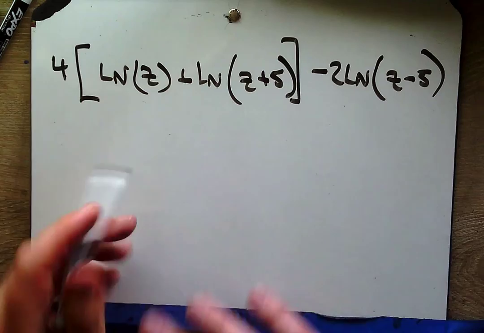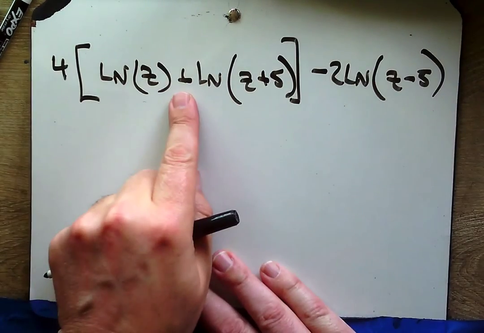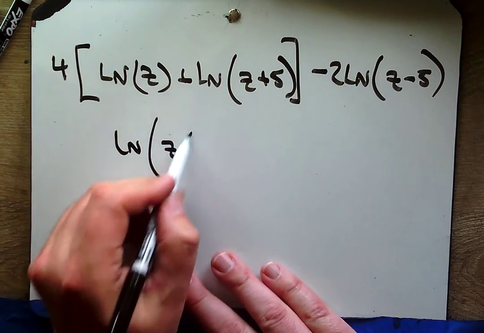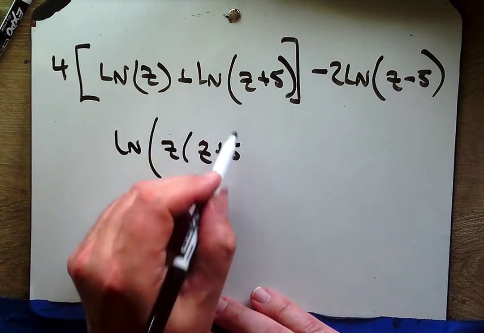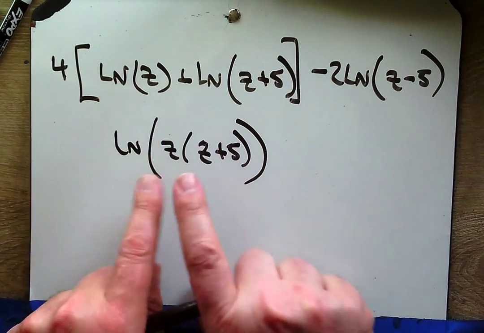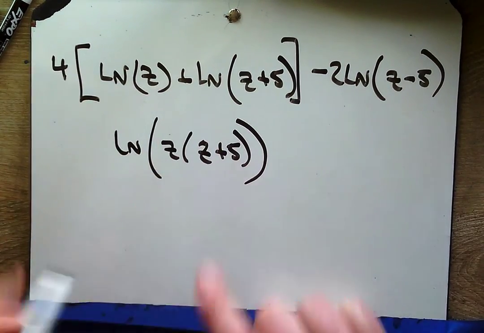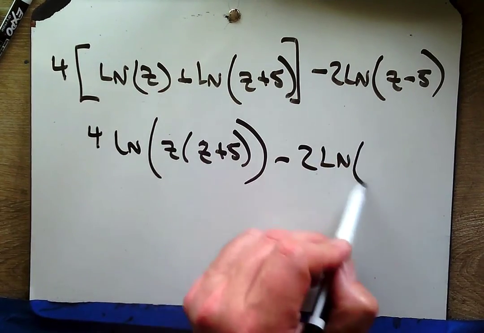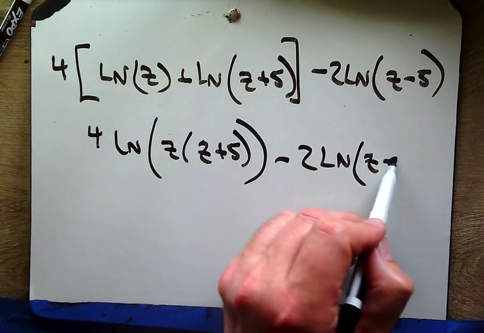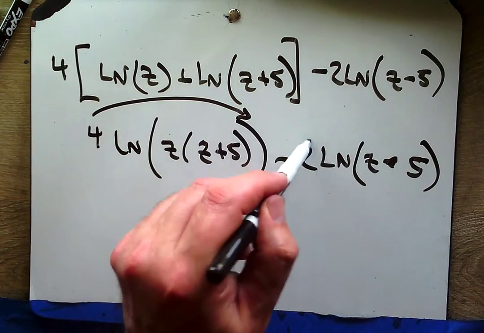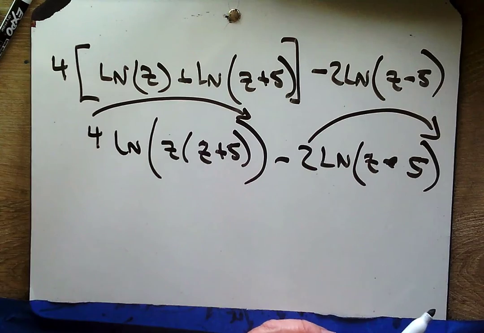Ready to talk? Okay. Well, let's condense these into 1. z plus 5 with the product rule. 2 logs joined with addition can be 1 log with multiplication. I still have that 4 out in front. Now what? Well, now I want to kick these up with the power property.